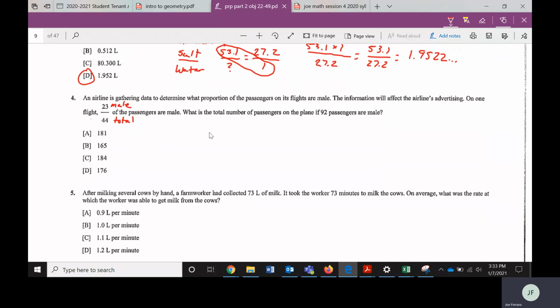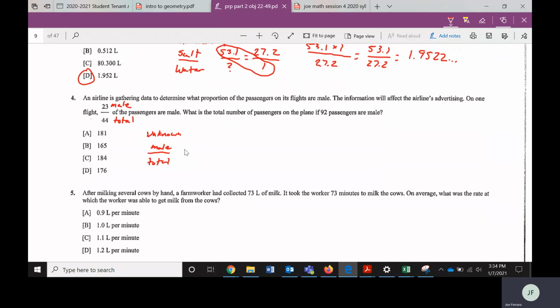Okay, so the two things they're talking about in the question is they want to know the total when there's 92 males. So the unknown, I'm going to put males on top just because in that other fraction it is, but I can show you something where it doesn't matter in a bit.